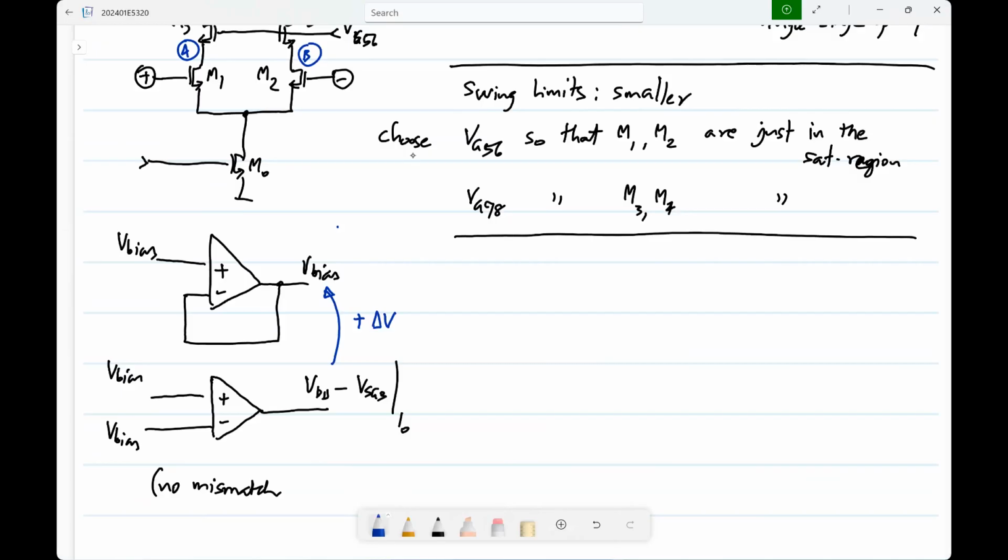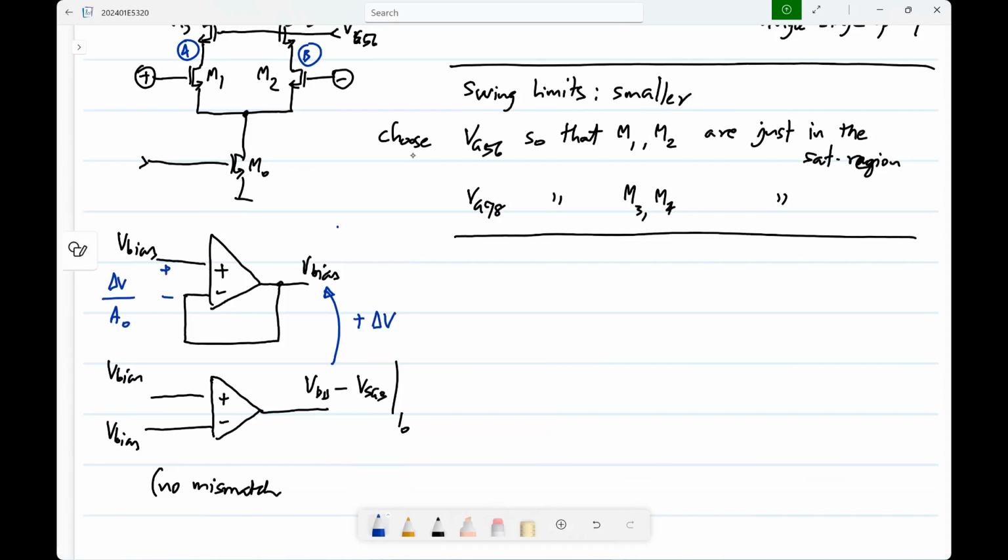So what I'm saying is that, see, these are all unilateral devices, right? So if the output has to change by delta V compared to the operating point, what should have happened? The input should have changed by delta V divided by the gain. So the only way this changes by delta V is here you have delta V by A0.